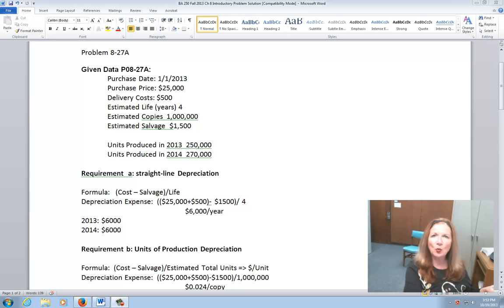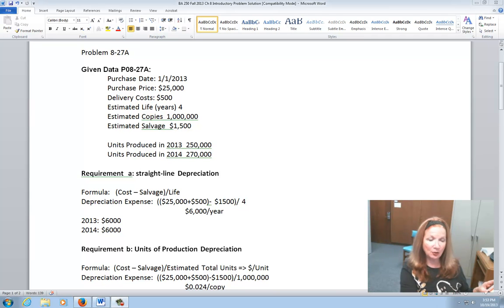It says, Weir Services Company purchased a copier on January 1, 2013 for $25,000 and paid an additional $500 for delivery services. The copier was estimated to have a life of 4 years, or 1 million copies. Salvage was estimated at $1,500.